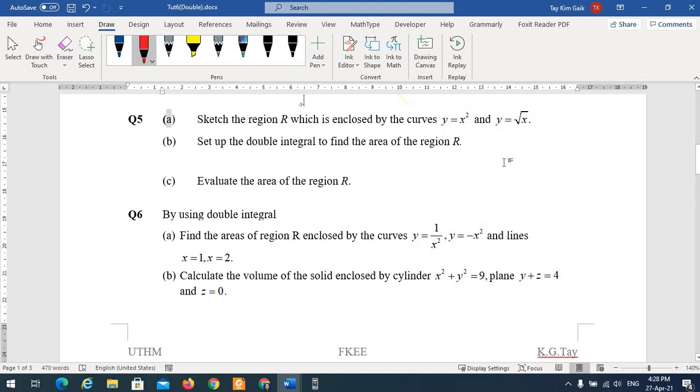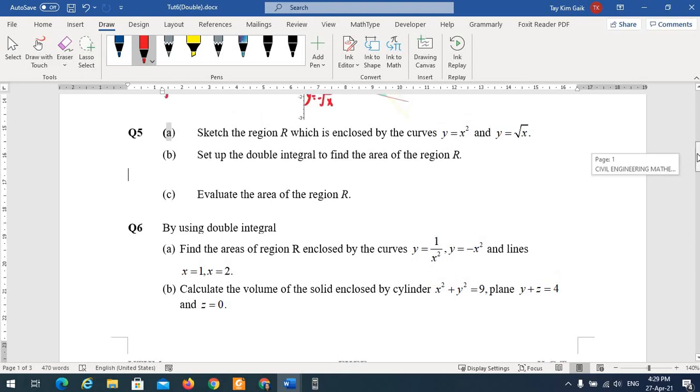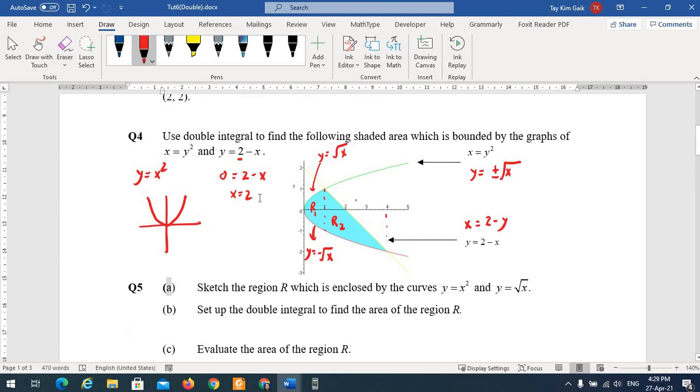Sketch the region R. This will be a tougher question because you have to sketch your own region R. If you are weak in sketching the graph, then you will put up the wrong limit. Sketch the region R, which is enclosed by the curves y equal to x squared and y equal square root of x. This is y equal x squared. Y equals square root of x is here, only the upper part, the green color only.